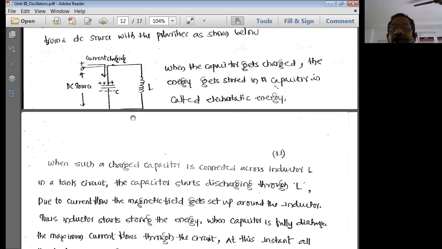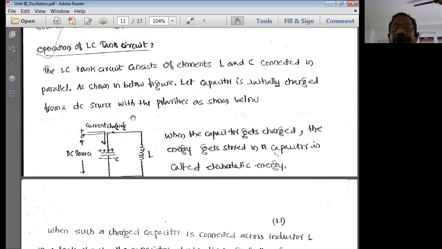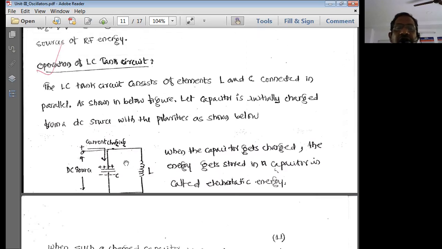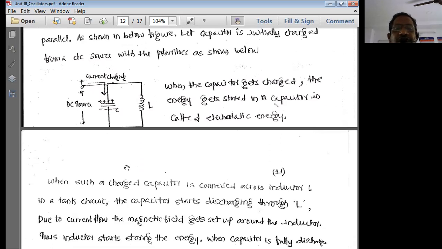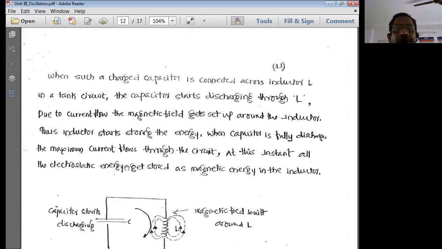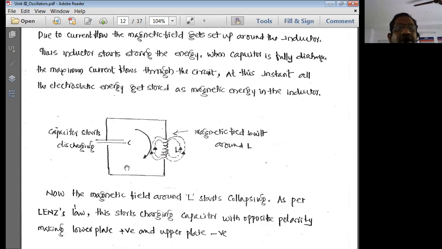Thereby the oscillations are produced because of these variations in the rate of change of current flowing through these two elements. This is an important concept, the operation which takes place in LC tank circuits.